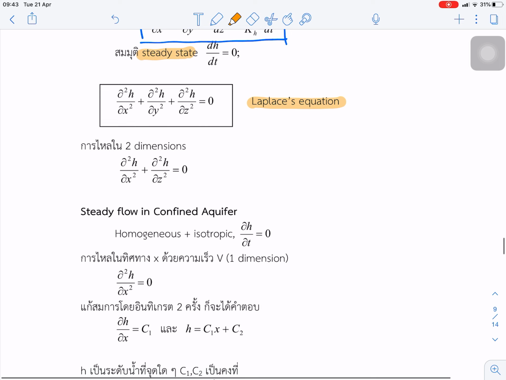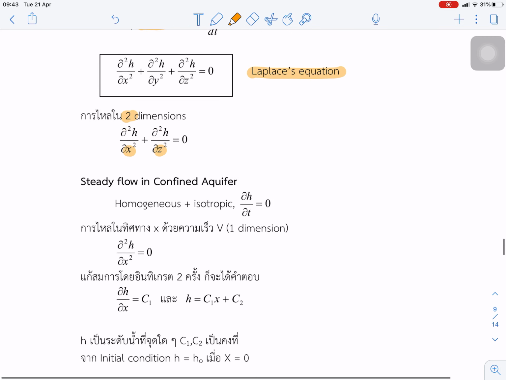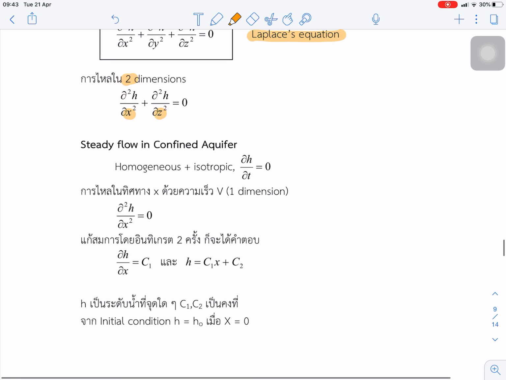If we assume two dimensions, we have just x and z and y is cancelled. And if we assume the flow is in just one direction, we have only one term, the second derivative of head with respect to x squared.